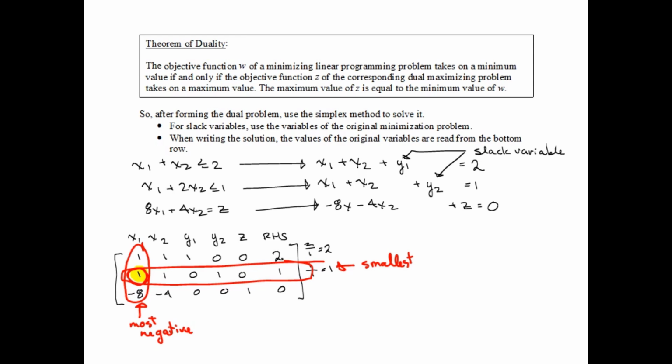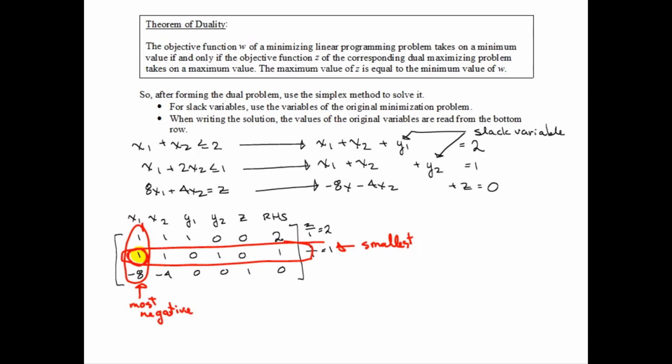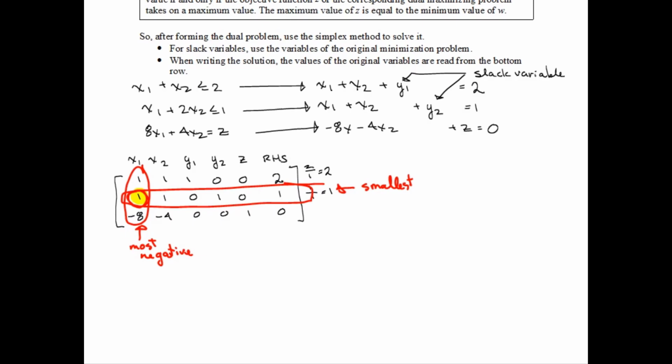So what I want to do is row operations to get a 1 in that position, and then zeros elsewhere in the column. And I'll go ahead and write the row operations here. We would do to get a 0 in this first position.